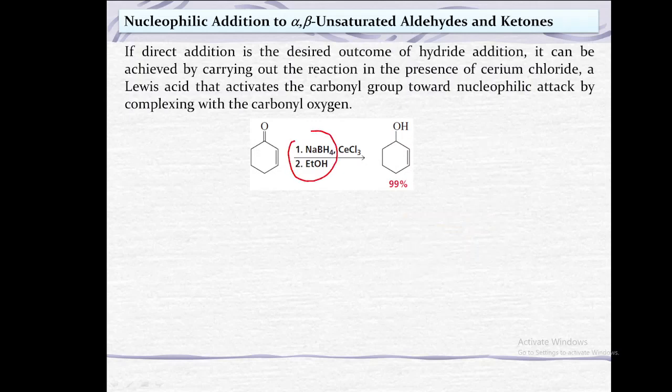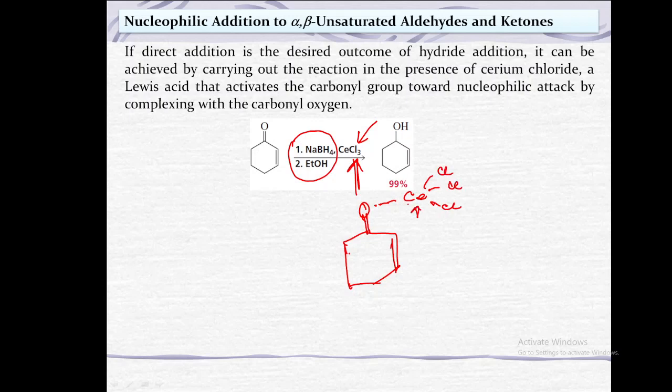In the previous reaction, we only had this borohydride and then ethanol. But in this case here, we have included cerium chloride, or trichloride. What happens is that this metal here chelates. Look at this compound.